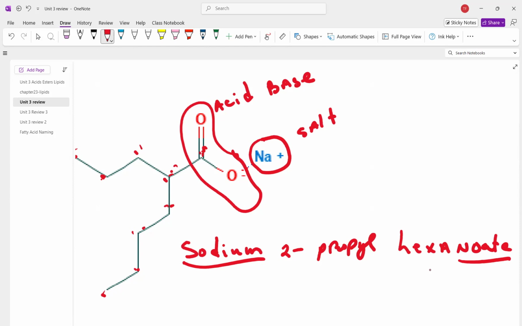Okay, that makes sense. So boom. As soon as you see the sodium or potassium, it's a salt. So just write that down. Boom. And you already know the ending because that's going to be a noate. Then identify your backbone and then any branches off the backbone. That would be how I'd suggest you approach these.